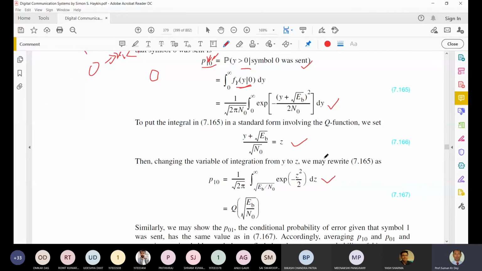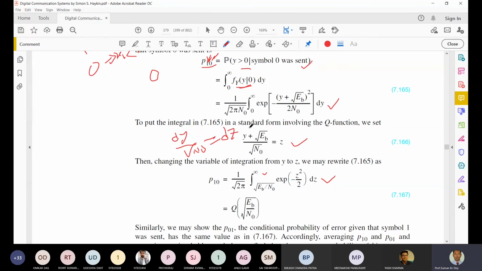Is there any doubt? So you see, when y equals 0, z will be square root of Eb by square root of N0, and when y equals infinity, z will be infinity. As I told, if we take the derivative, dy by square root of N0 is equal to dz.